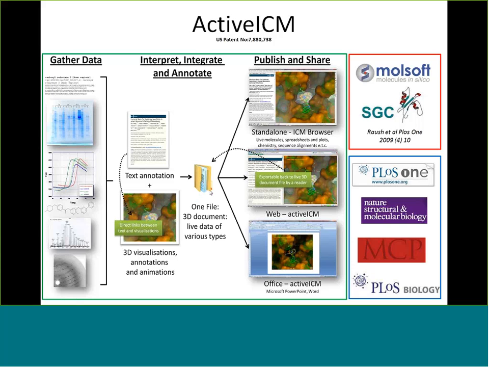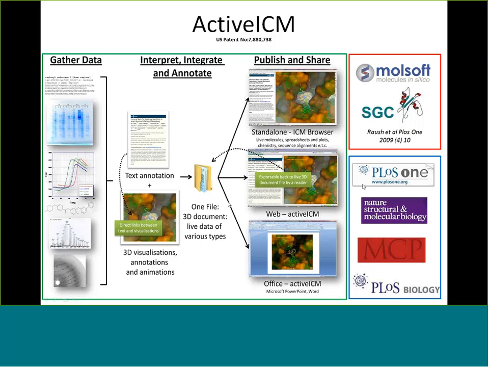Then you can view this file in ICM Browser, which is the standalone platform, or you can import this file into the web, so you have text with hyperlinks to 3D structures, or you can import this into Windows, Office, and PowerPoint. At the time, this was a very unique concept, and it still is, with the amount of different information that you can store in one file.